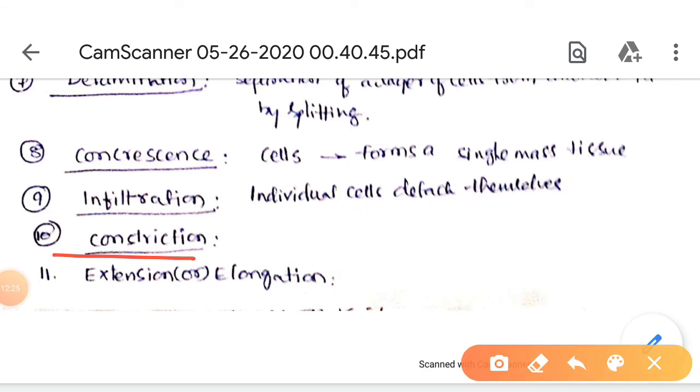Another one, constriction. Constriction means the reduction in size of the blastopore.